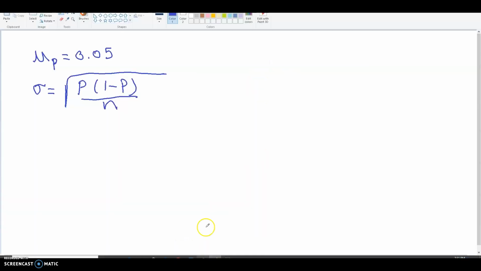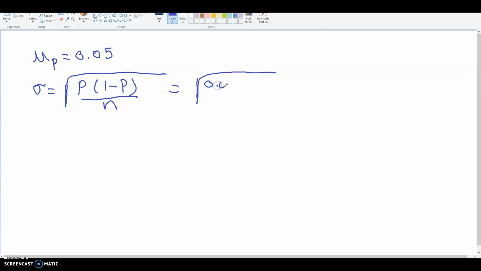So this is going to give us the square root of 0.05 times 1 minus 0.05, divided by 150.